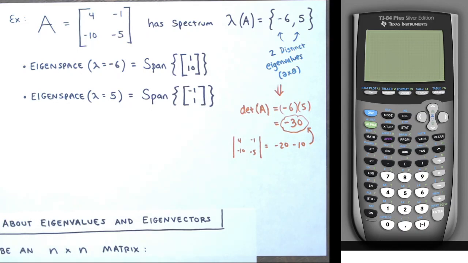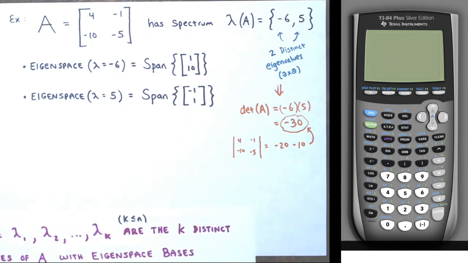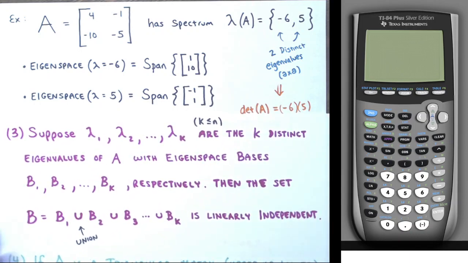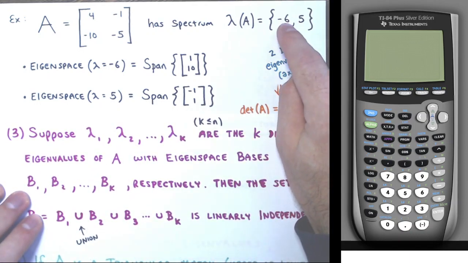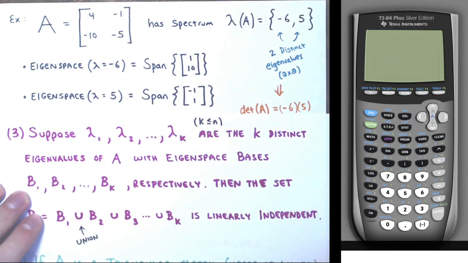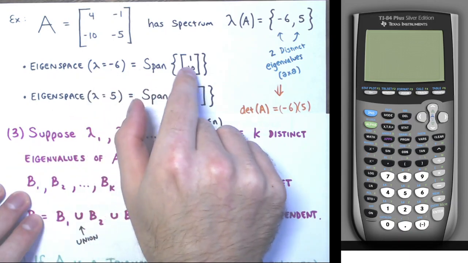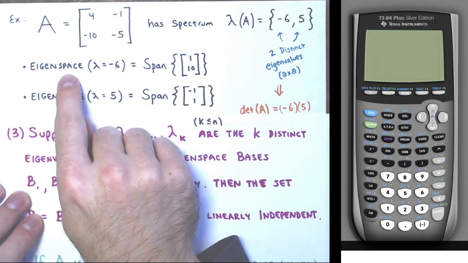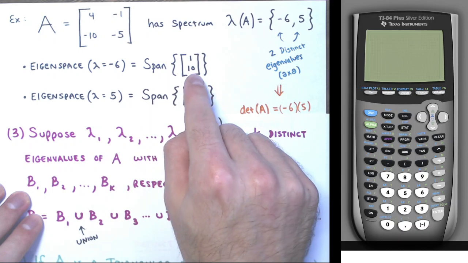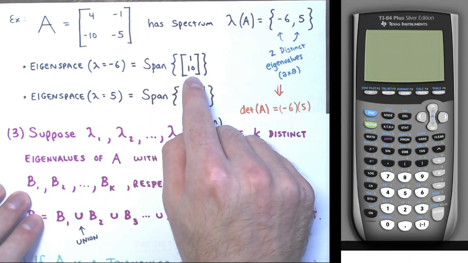Alright, the third statement, remember, had to do with the eigenspaces for the eigenvalues. So here there are 2 eigenvalues, -6 and 5. Again, you should be able to find the eigenvectors and therefore the eigenspaces of every eigenvalue. I'm not going to do that here. I've found them already. The eigenspace for lambda equals -6 is the span of the set with the vector (1, 1, 0).